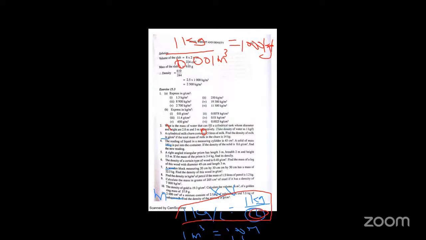Yes, thank you. So from there now, since we got the volume as 18.48 cubic meters, we need to determine the mass.